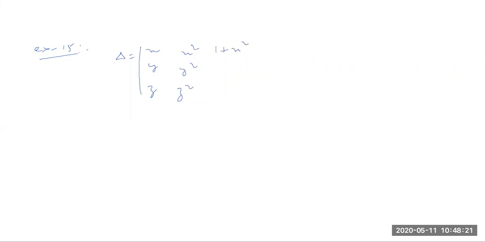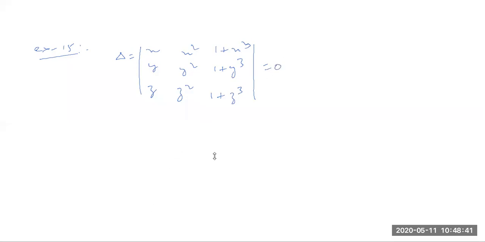No, it's cube, I think. Yes, this is cube. 1 plus x cube, y cube, z cube. Then 1 plus x cube, 1 plus y cube, and 1 plus z cube. This is given equal to 0.